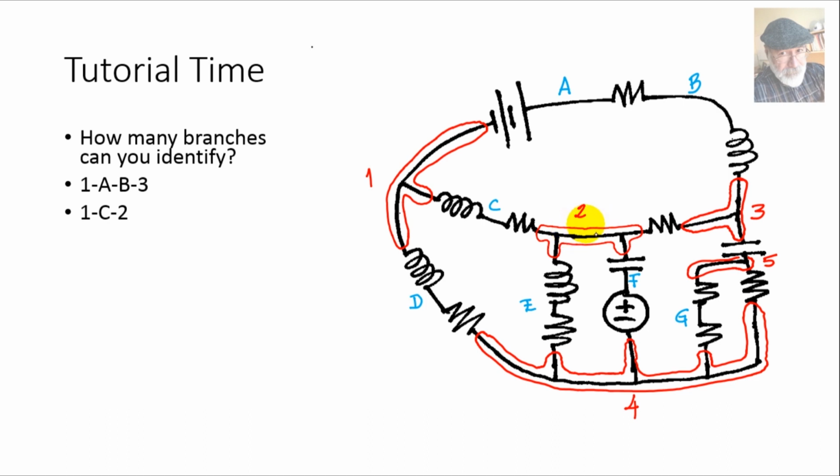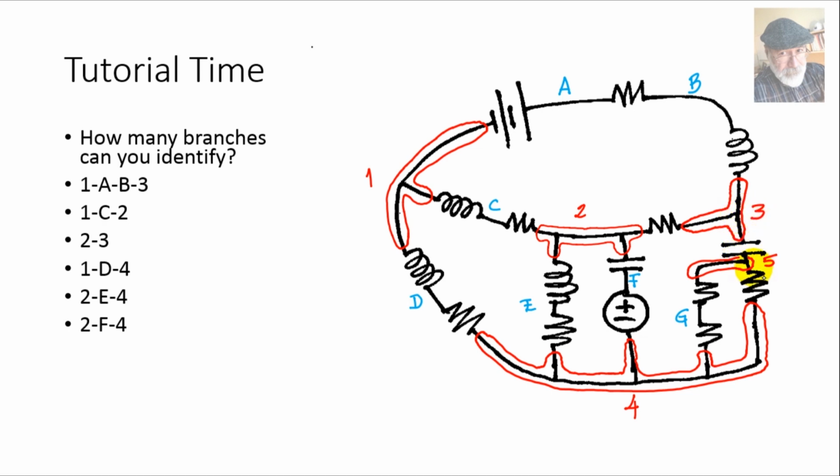And then it is atomic branch between 2 and 3, 2, 3. And we complete the count. Here we have at the bottom between nodes 1 and 4, 1D4. And between nodes 2 and 4, 2E4. And 2F4.